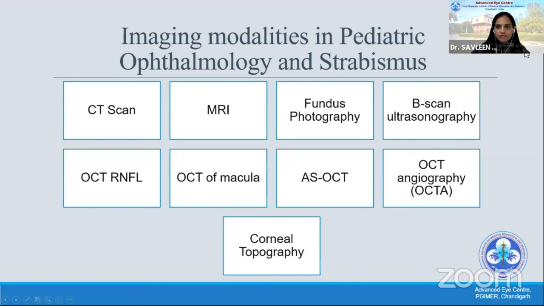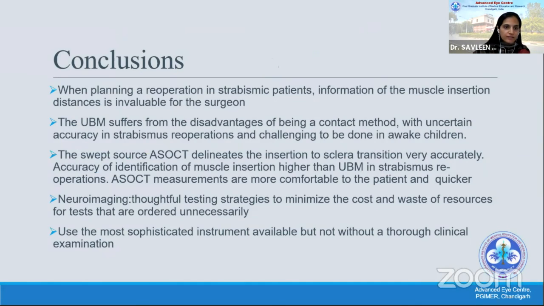So we have discussed, we have a lot of imaging modalities available with us. We haven't touched on all imaging modalities, but we did try to cover some which the strabismologist can make use of. When planning a resurgery, we have established if you have the tools like ASOCT and UBM, you do use them. UBM is a contact method, so ASOCT might be better in identification.